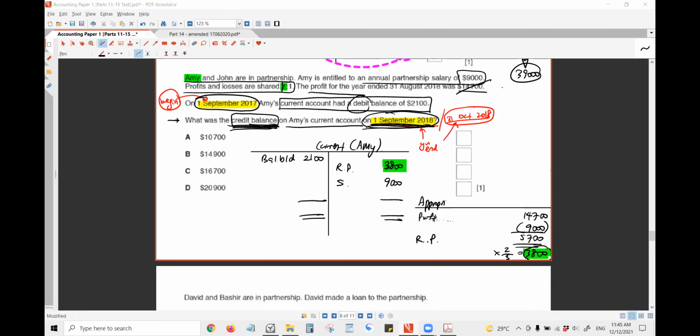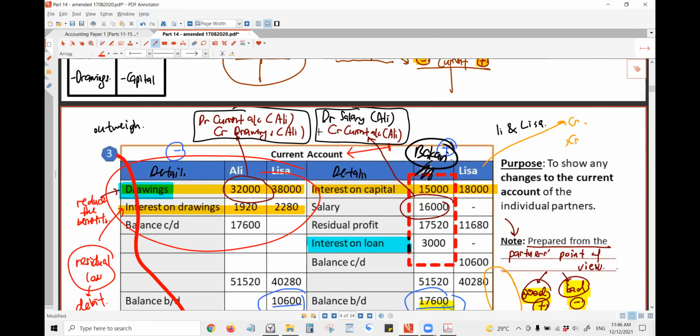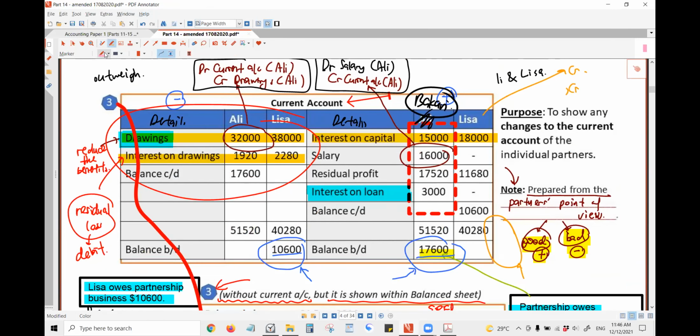Ishin, you asked me why put 9,000. You see, this is Amy's salary, right? This is the partner's salary belonging to Amy. So again, look at the notes, current account. Do you see salary to partner? Yes, it's here. This is what I'm doing.